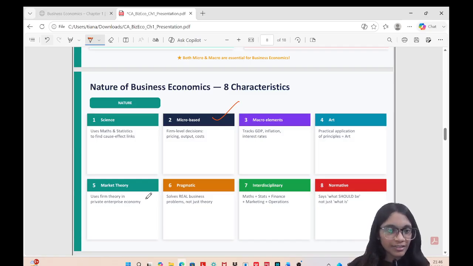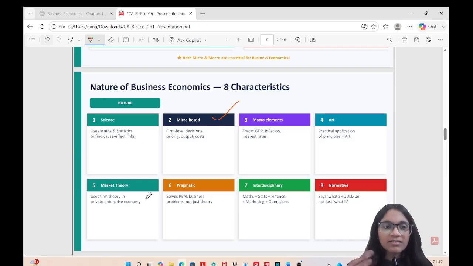It's not just theory. Pragmatic means practical. Business economics doesn't just say demand and supply determine price and stop there. It says, okay, so now how does this specific company price this specific product in this specific market? It deals with real life scenarios.